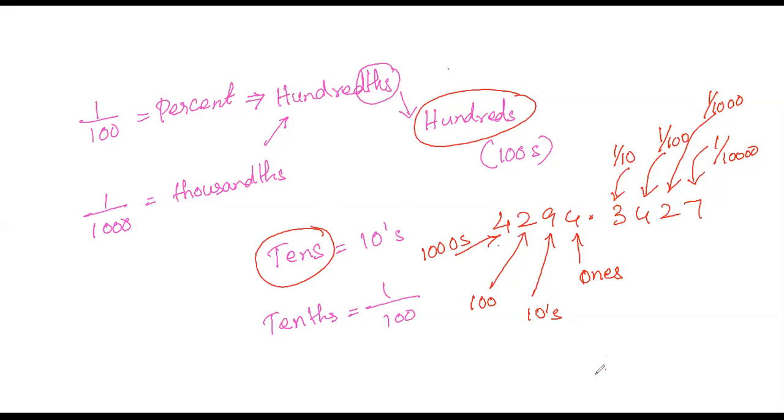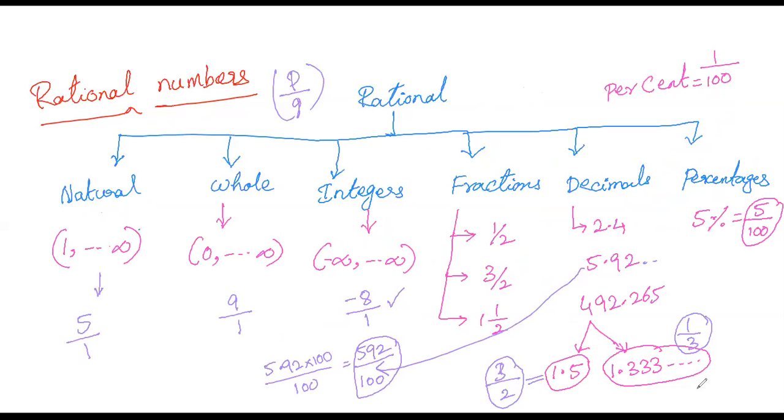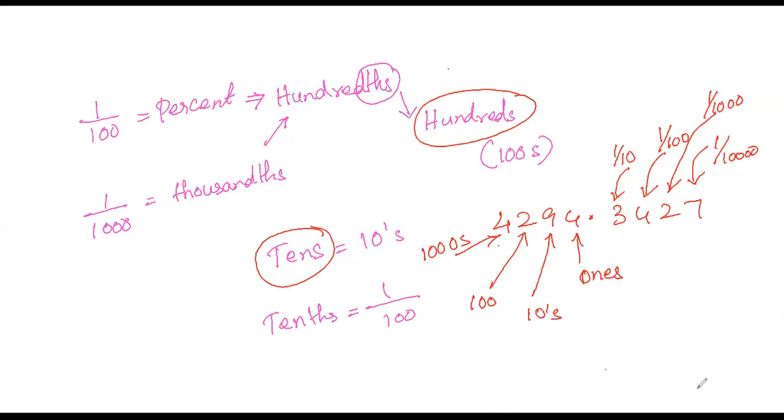Okay. So we're done with the types of rational numbers. Do we have any other numbers other than rational numbers? Yes, we have. Those are called irrational numbers.